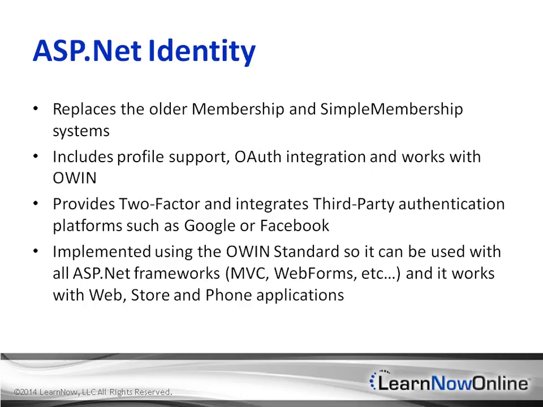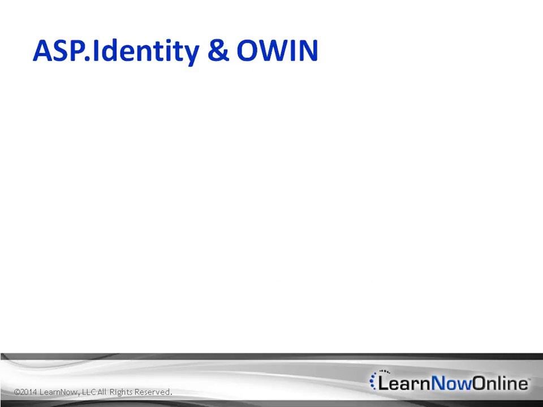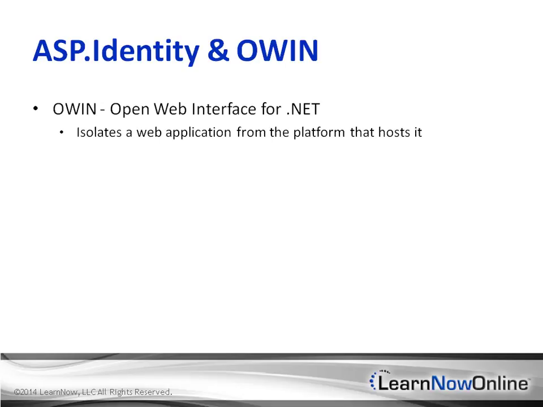So what exactly is this OWIN thing? OWIN stands for the Open Web Interface for .NET. Essentially, what OWIN seeks to accomplish is to isolate a web application from the platform that it's hosted on. Now, for most ASP.NET applications, we host them on a Windows server with IIS, or up on Azure in the cloud, which is ultimately running IIS.